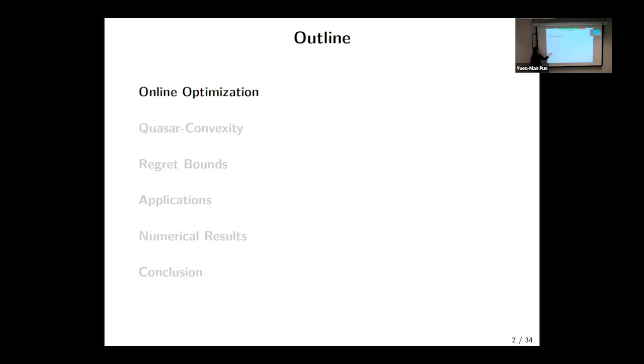And then there are a bunch of applications that possess quasar-convexity, and so I will talk about what applications use our results. And lastly, we'll have numerical results and then conclusion.